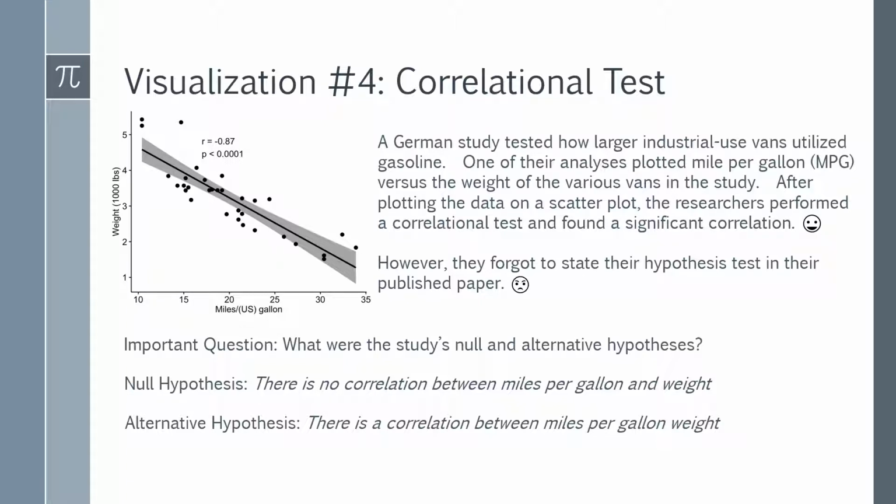So the study states, a German study tested how larger industrial use vans utilize gasoline. One of their analyses plotted miles per gallon versus the weight of the various vans in the study. After plotting the data on a scatter plot, the researchers performed a correlation test and found a significant correlation.